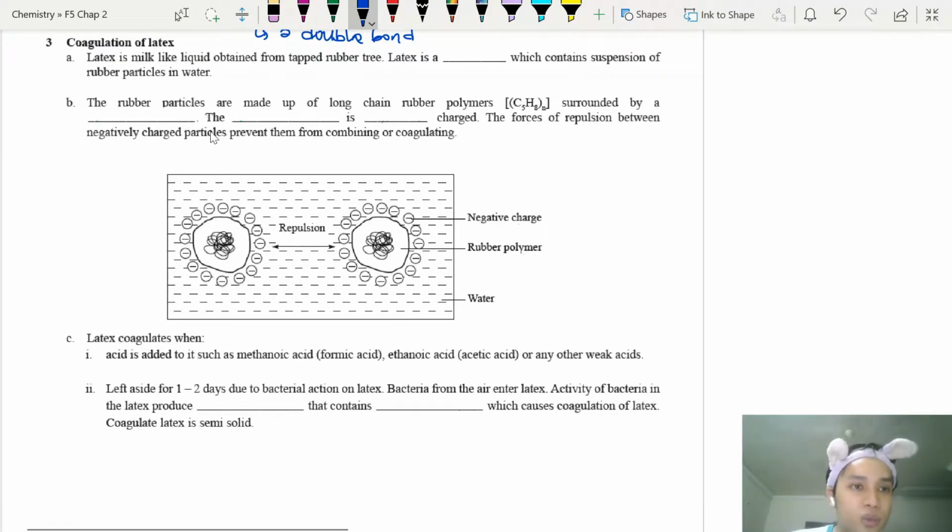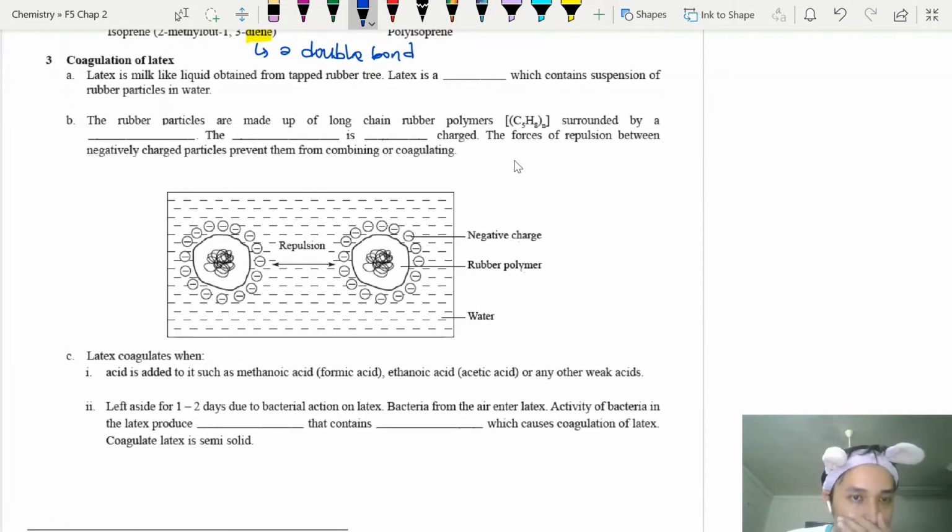So the first one is how do we coagulate latex. Basically latex is the milk, right? This kind of liquid we call a colloid. Another example of a colloid that you drink every day is milk. Milk is also a type of colloid.